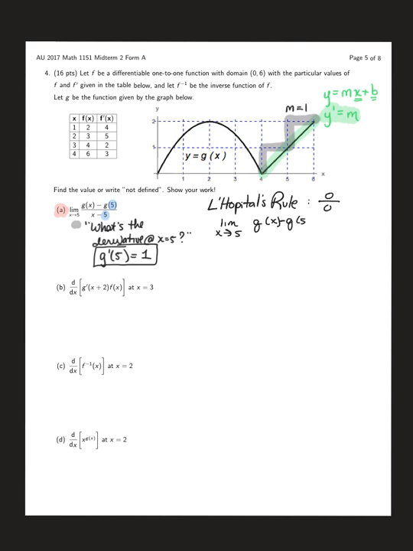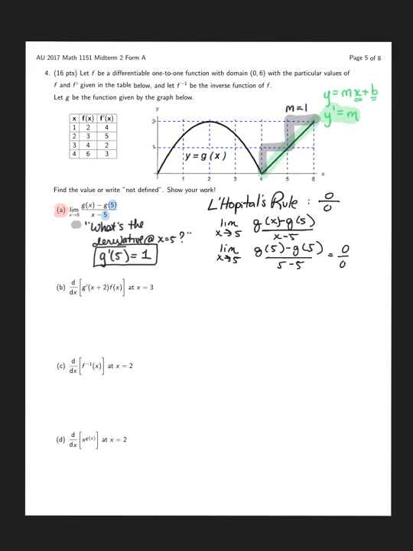So if we plug in 5 here, we get g of 5 minus g of 5 over 5 minus 5, which is 0 over 0. Now we're allowed to use L'Hopital's rule, because what we got was 0 over 0 in indeterminate form.